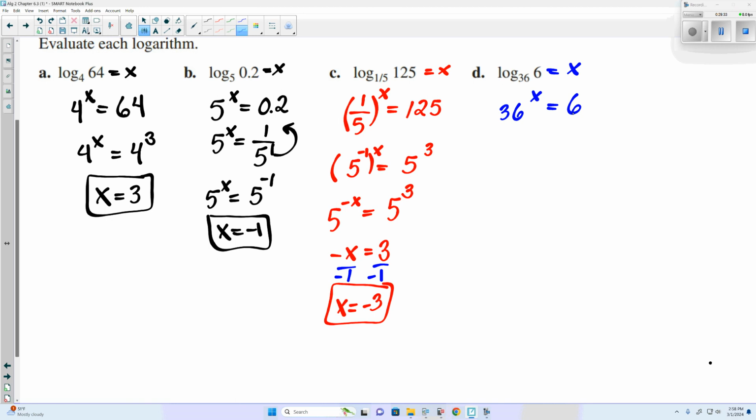Well, 6 is as simplified as it gets, yes? But can we rewrite 36 as 6 to a power? 6 what? 6 squared is 36, yes? So we could rewrite 36 as 6 squared to the x. Well, powers of powers multiply, telling us that 6 to the 2x is equal to 6 to the x.